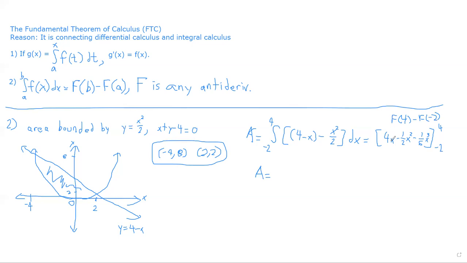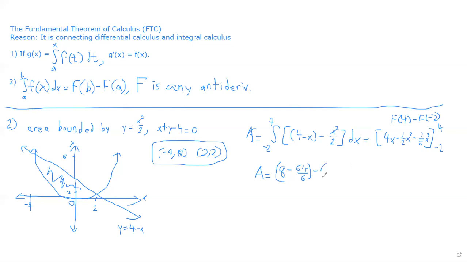Okay, so capital F of 4, 4 times 4 is 16. 16 minus 0.5 times 16, that is 8. 8 minus 1 over 6 times 64. So 8 minus 64 over 6, or 32 over 3, minus capital F of negative 2, negative 8 minus 4 over 2, that's negative 10.